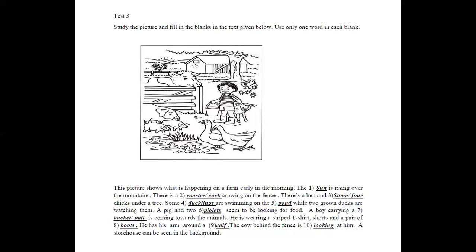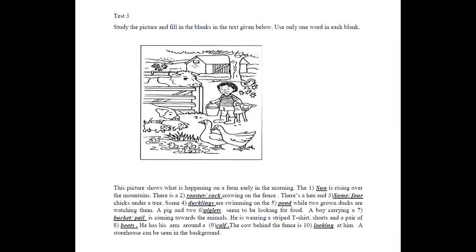Then the other sentence: he is wearing a striped t-shirt, shorts, and a pair of blank. What is he wearing? He is wearing a striped t-shirt, shorts, and a pair of blank. Pair of means there must be two.